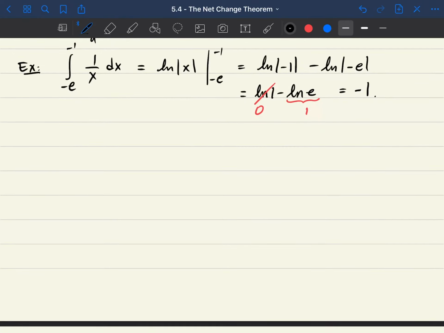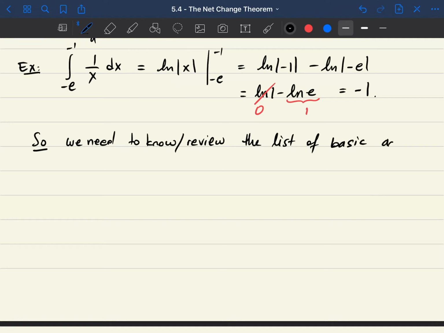So this means that we need to know or review, because we've already done this, the list of basic antiderivatives, or we can say indefinite integrals.